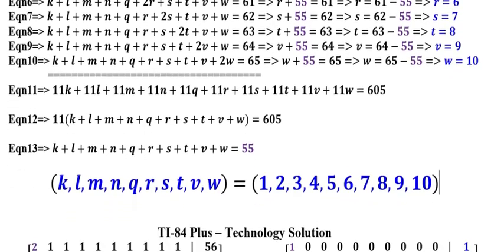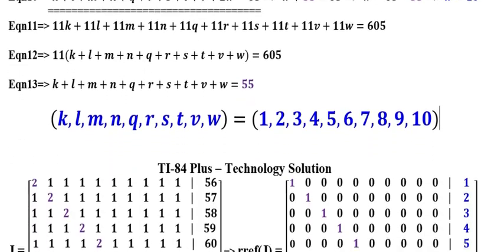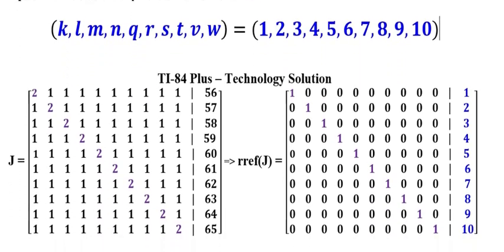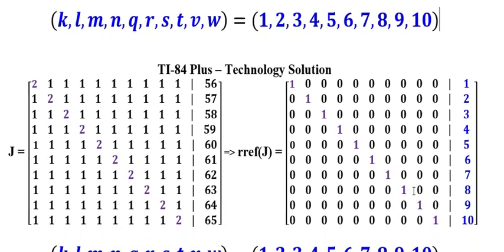Now we're going to use the technology. We're going to create a matrix called J. The matrix is 10 by 11, with 2's in the diagonal, 1's above the diagonal, 1's below the diagonal, augmented with 56, 57, 58, 59, 60, 61, 62, 63, 64, 65.